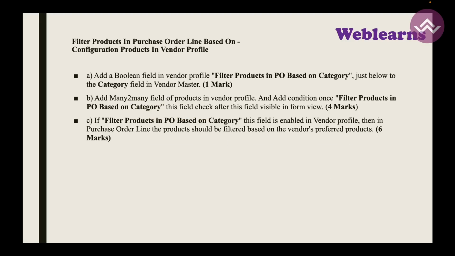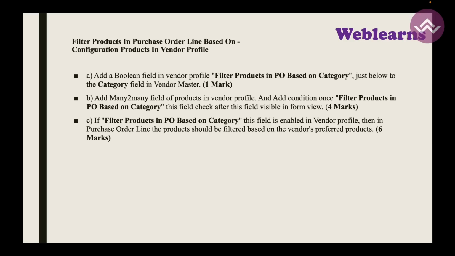Now this is the second one. A: Add a boolean field in the vendor profile, filter products in PO based on category, just below the category field in vendor master. Okay. B: Add a many to many field of products in vendor profile, and add a condition once filter_products_PO based on category.